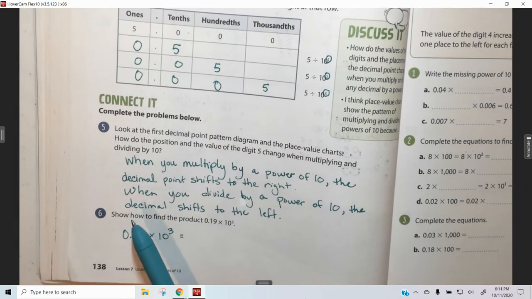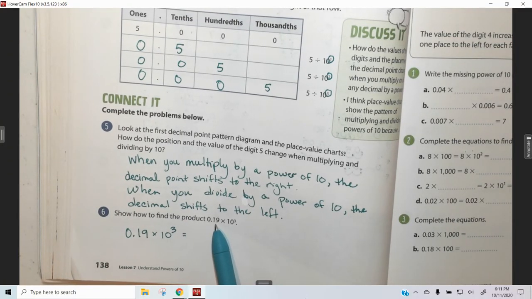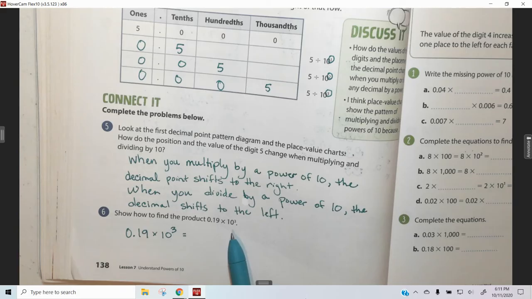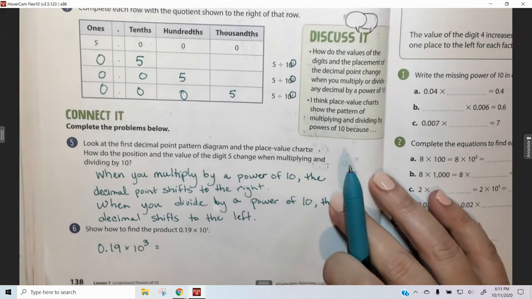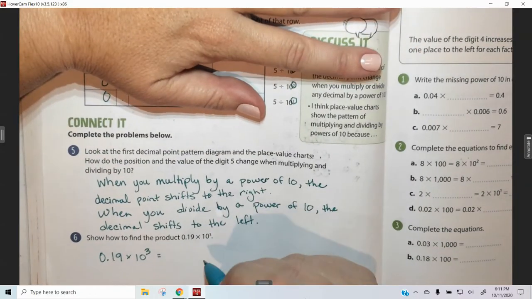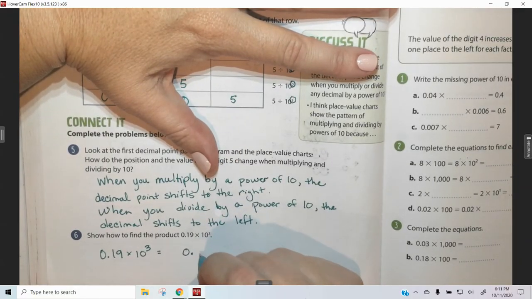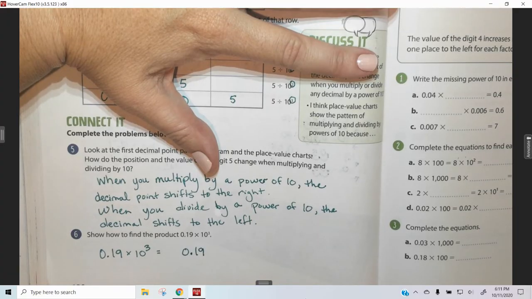And then finally, show how to find the product of 19 hundredths times 10 to the third power. Go ahead and pause it and do that now, and then come back and see if you got it right. All right, what I would do is write down your 19 hundredths.